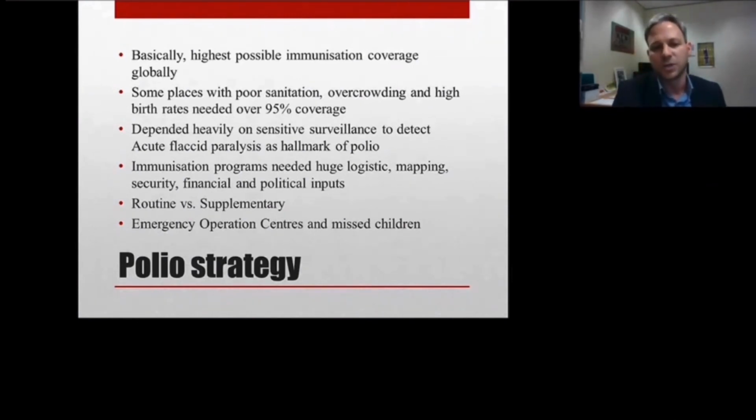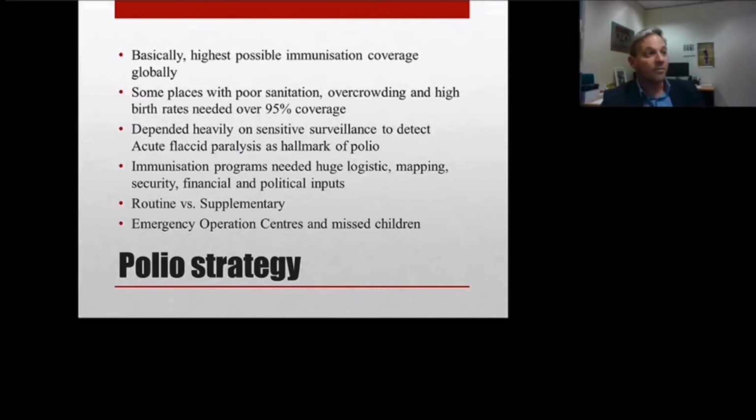Emergency operations centres were a feature in Nigeria when it successfully became the last African country with endemic polio. And they're really a communication, coordination, collaboration hub that maintains a focus of energy and impetus and data analysis, good surveillance and good operational responses in terms of getting immunisation teams out there and covering everyone.